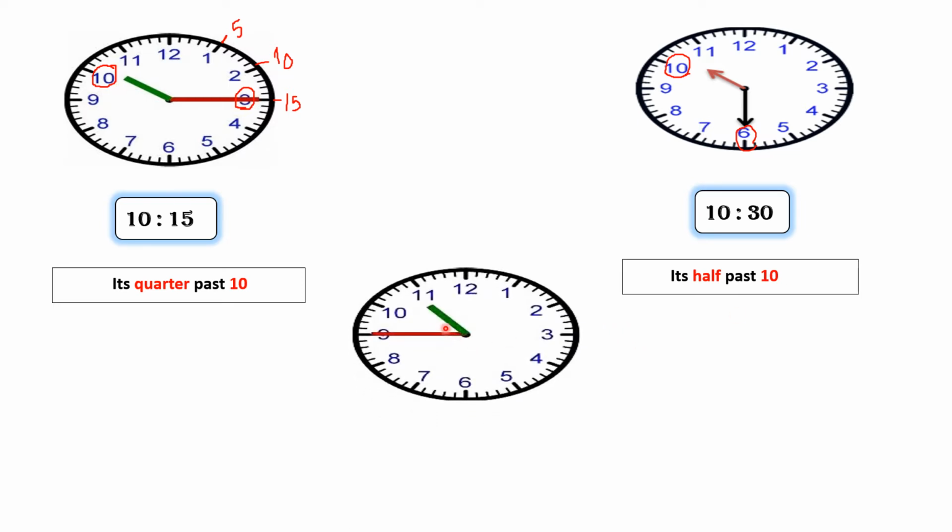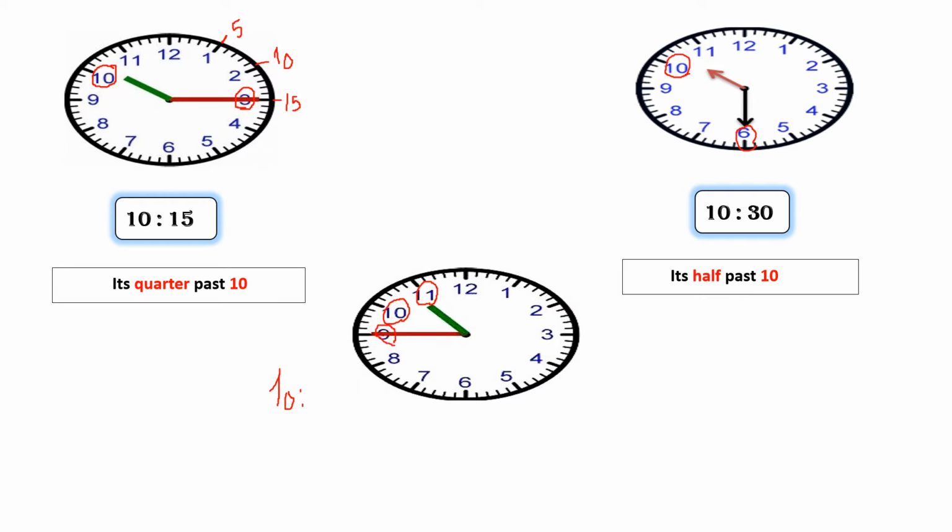Here is the time. The short hand is between two numbers, between 10 and 11. So I'm going to take the smaller number, which is 10. So the time now is 10 and how many minutes? The long hand is at 9.